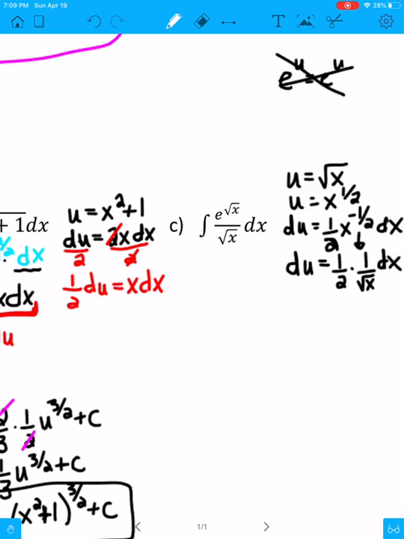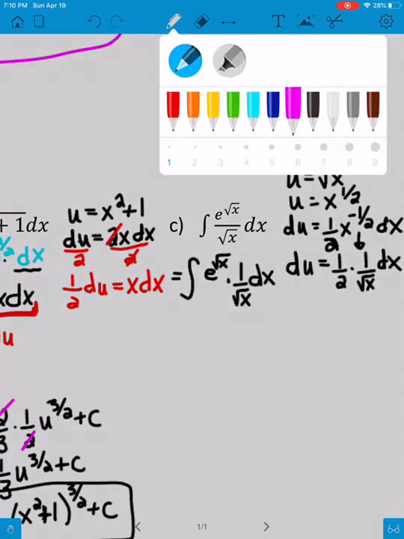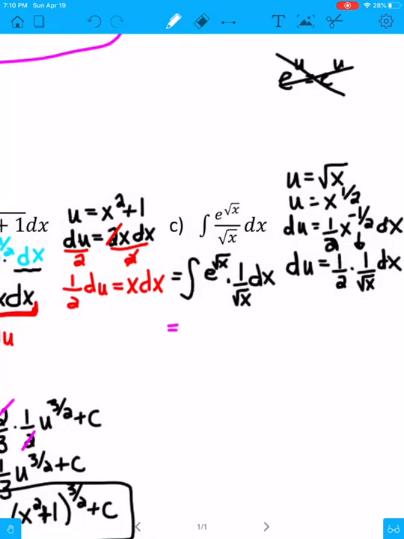Okay, so let's look. What do we have here? I can rewrite this as e to the square root x, and instead of writing the square root x on the bottom, I can multiply by 1 over square root x dx. Right? Okay, let's see if we can replace. So I'm going to get still the integral symbol because I'm taking the antiderivative of it. So I'm going to get e to the u, because the square root of x is u.